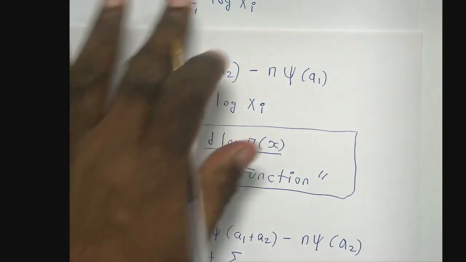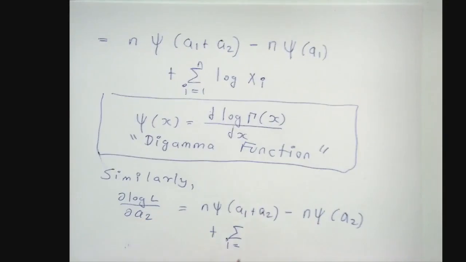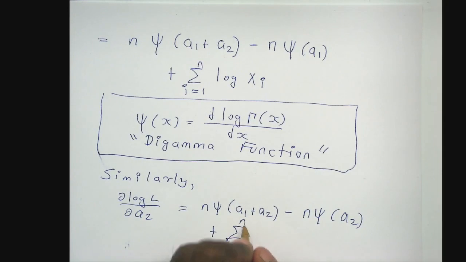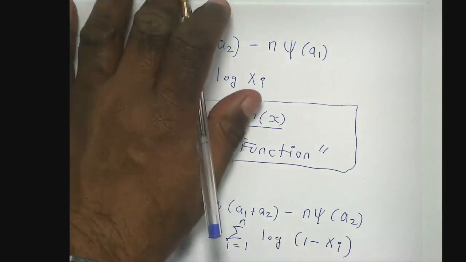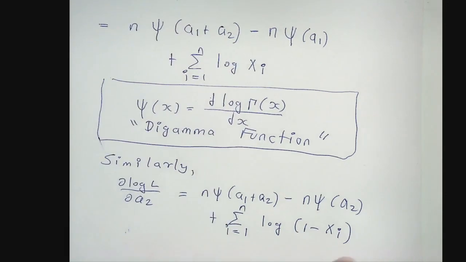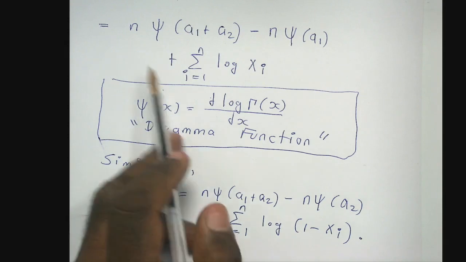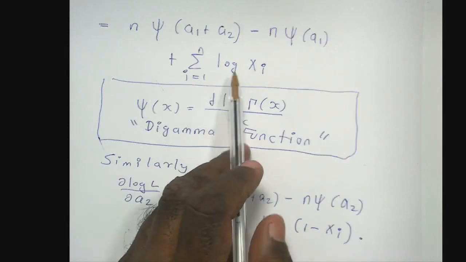The partial derivative with respect to A2, guys, can be shown to be equal to this, right? So this is the partial derivative with respect to A2, and this is the partial derivative with respect to A1.